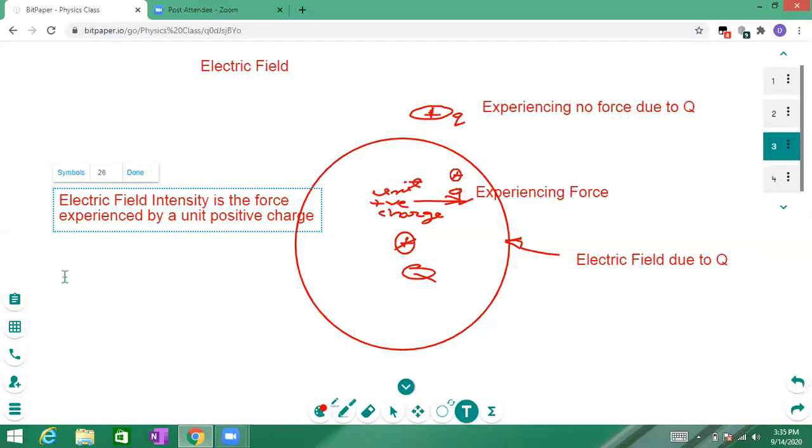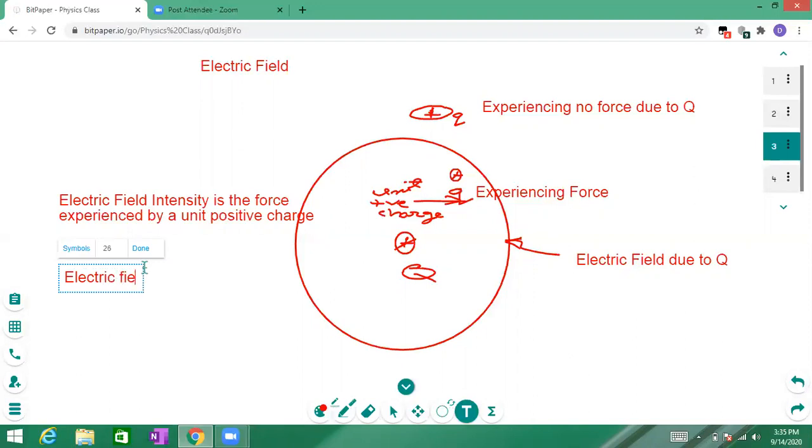So generally, the electric field intensity is different at different locations in the field.